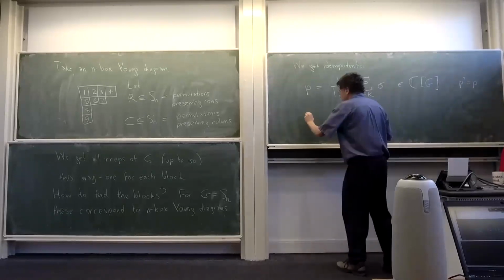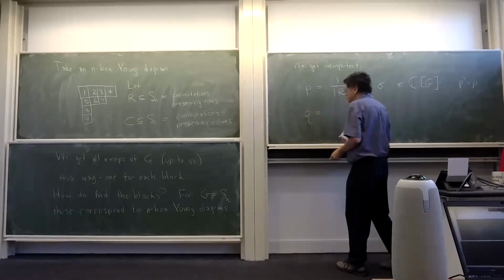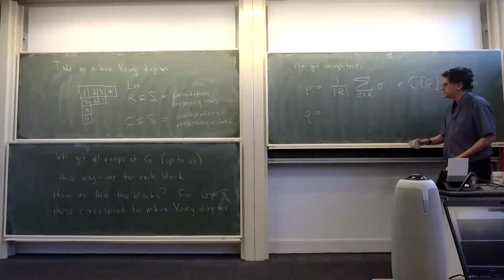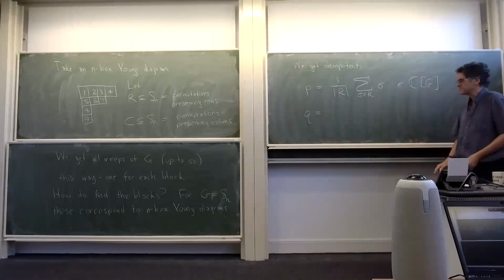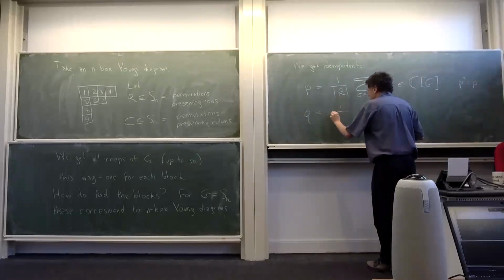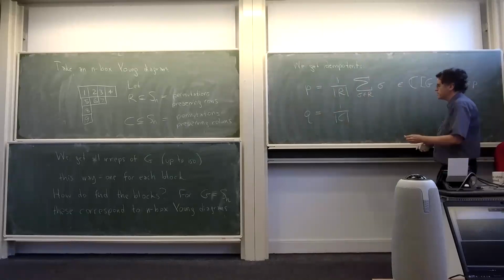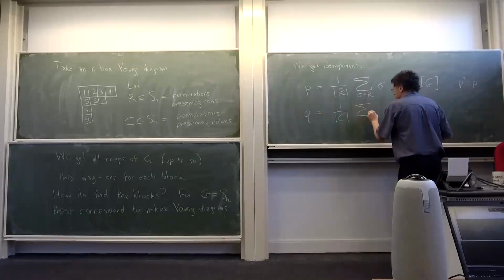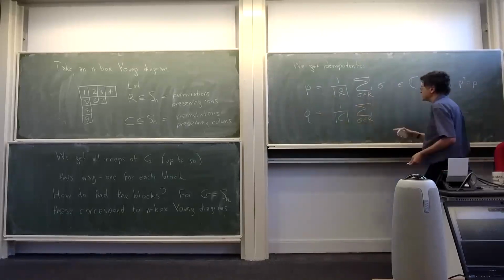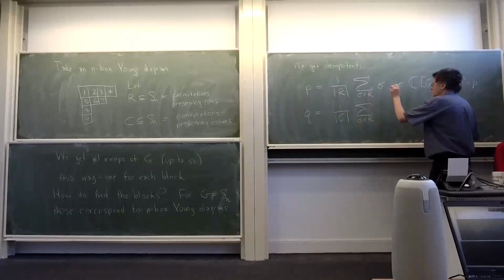And then there's another one. Well, you might think I was just going to do the same thing for the column permutations, and I could. That would give me another idempotent. But instead, you play a fiendish trick. We do what's called anti-symmetrizing over the column preserving permutations, meaning that instead of just doing this sum we had before.